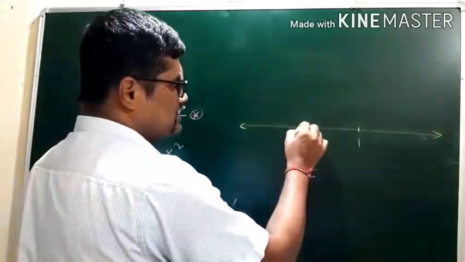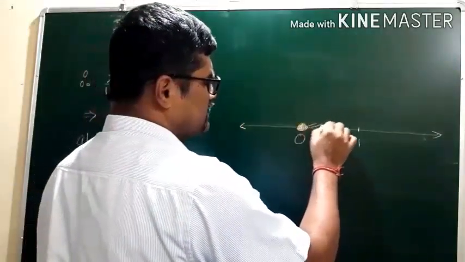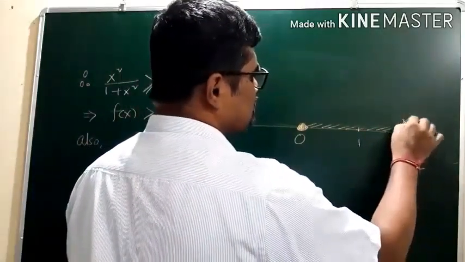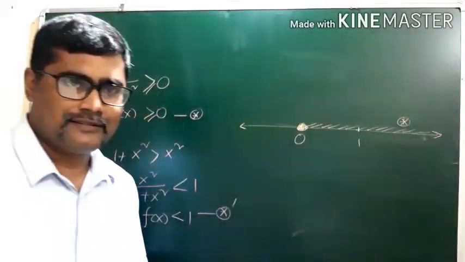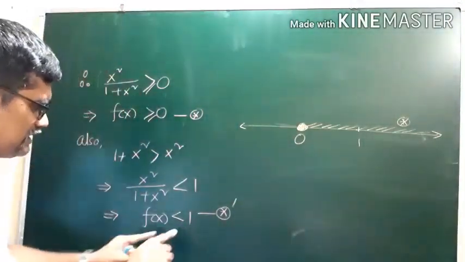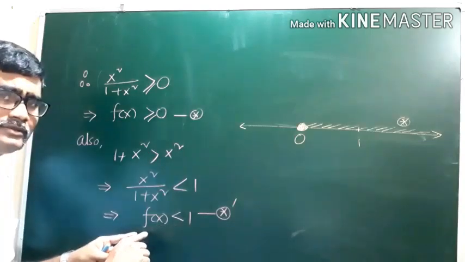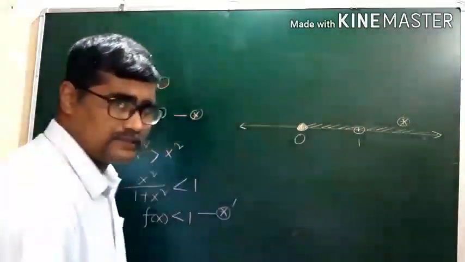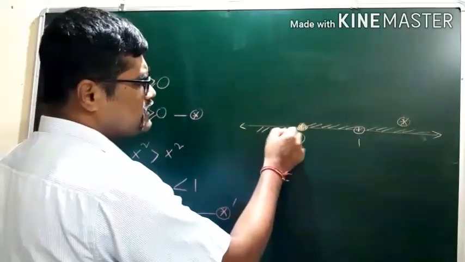That means 0 will be included and you can go this side. This is about the star conclusion. Second conclusion is f(x) less than 1, strictly less than 1. Means 1 will not be considered. Otherwise you can come to the left side.